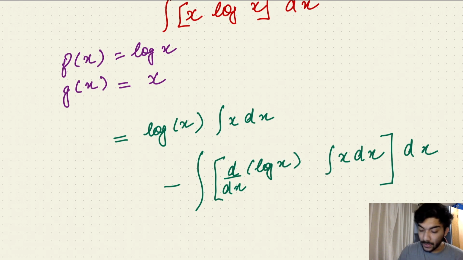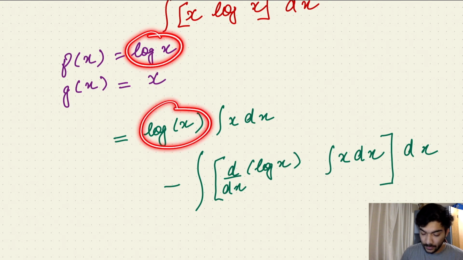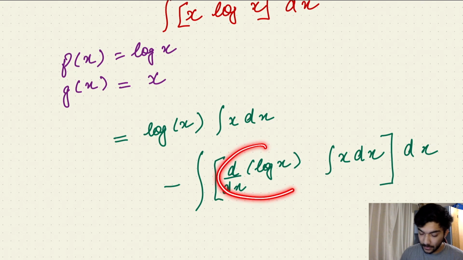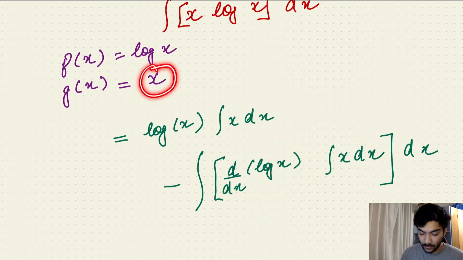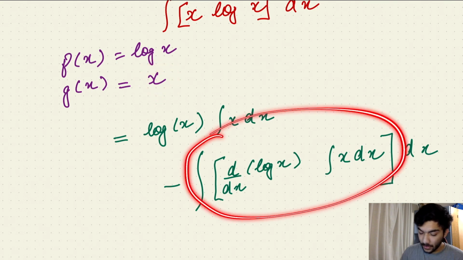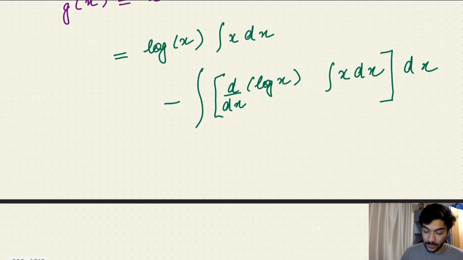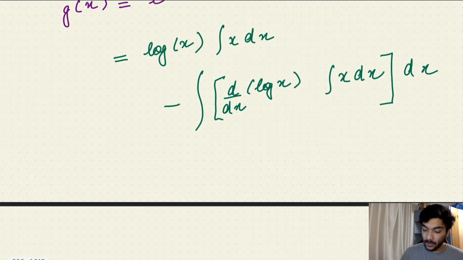So we again use the same formula, which is first function as it is, integration of second minus differentiation of first, integration of second, and then integration of the whole second expression at last, right? So now let's calculate this, and then at last we'll adjust the constant of integration as well, right?